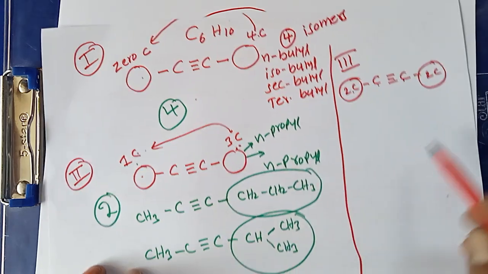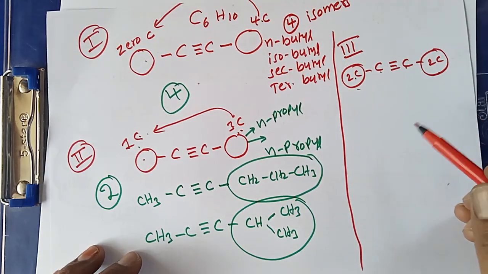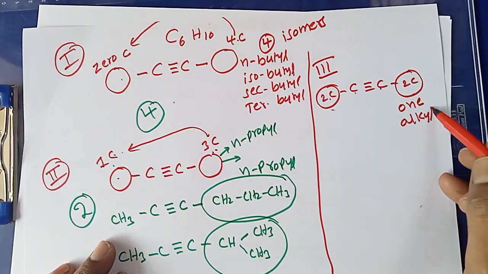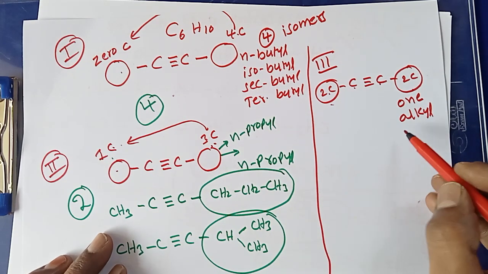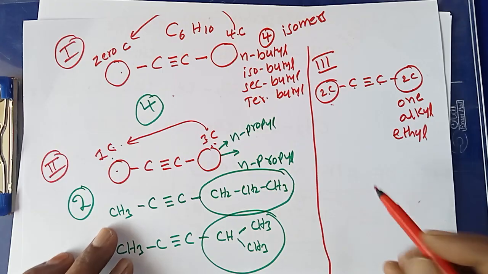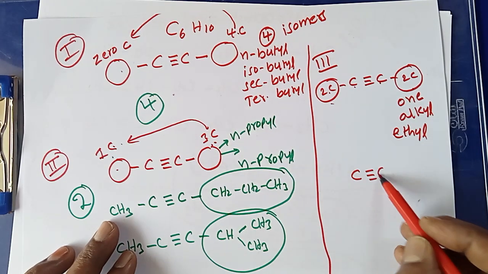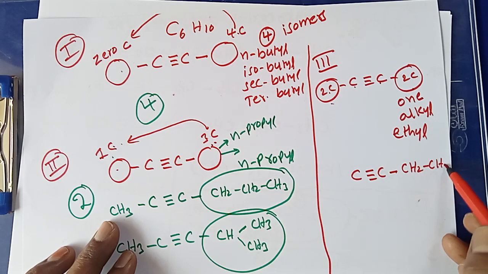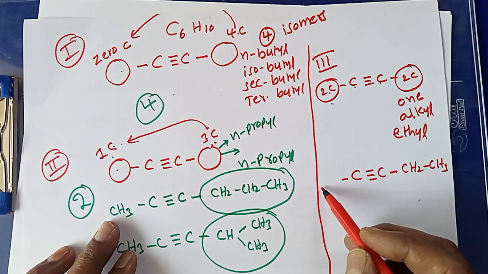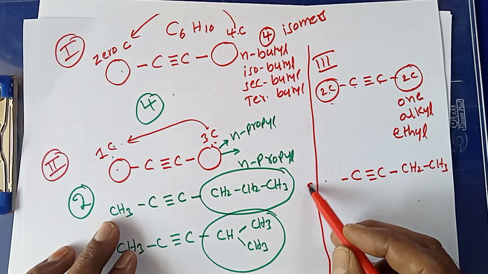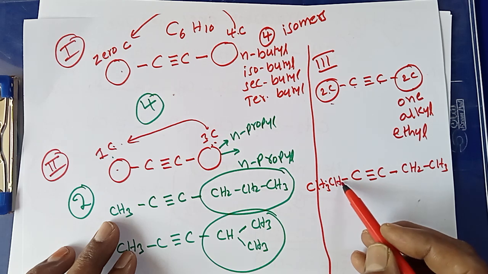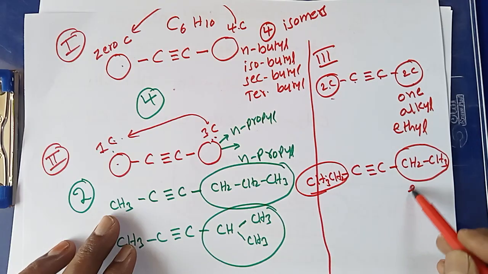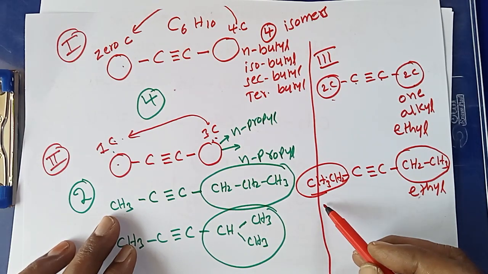So here remaining 2 carbons, alkyl how many? Only one alkyl group. What is that group name? Ethyl group. So you write down C triple bond C. Here one ethyl group, CH2 CH3. Here also the same ethyl group, CH2 CH3. For ethyl group there is no other isomer.